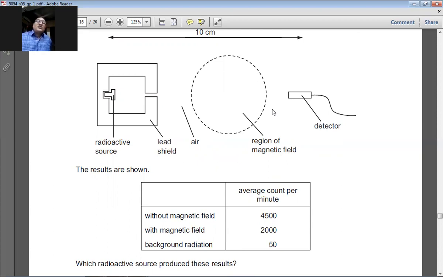It means 2500 have been deflected. The total radiation which was reaching the detector was 4500. So when you switch on this magnetic field, only 2000 was able to reach the detector. The rest has deflected, which shows that they have charge on them.